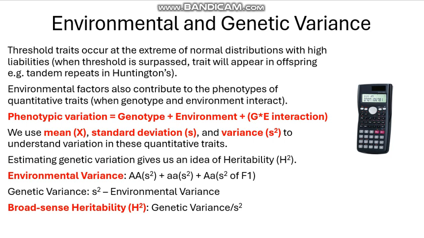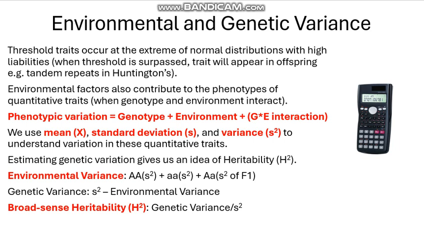Moving on to the environmental and genetic variants. Environmental factors also contribute to the phenotype of quantitative traits, so when genotype and environment interact, phenotypic variation can be calculated as the genotype variance plus the environment variance plus the genotype multiplied by environment interaction.